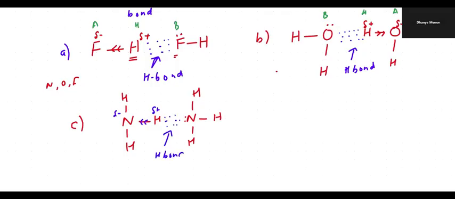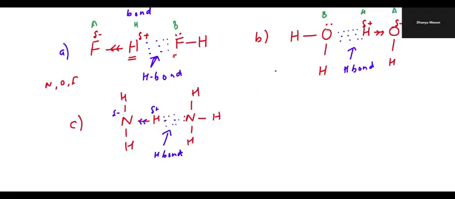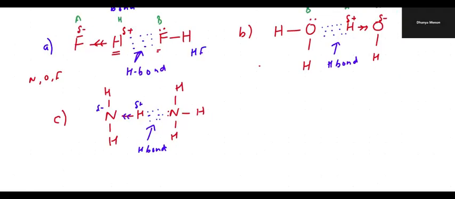So the hydrogen bonds are shown in HF, water, and ammonia. Right? So in this, I have AHB. Now, students, in this case, can you tell me A, B, or C, which has the highest hydrogen bonds?